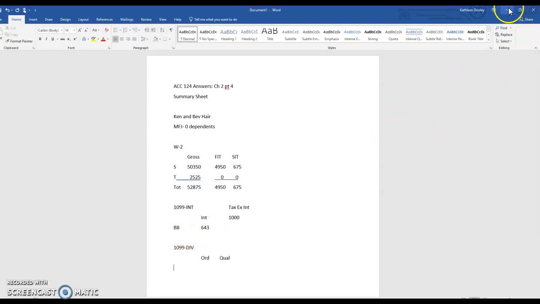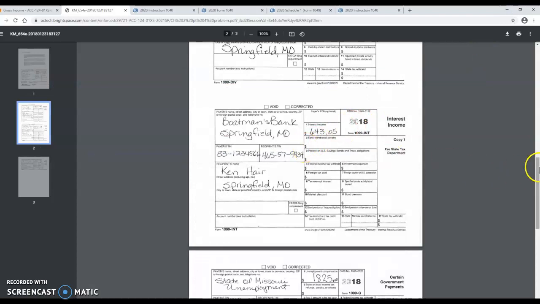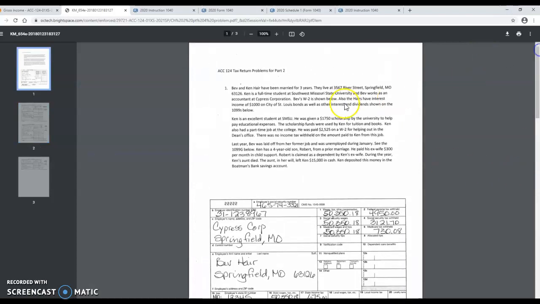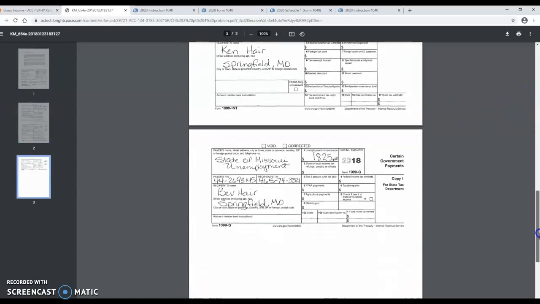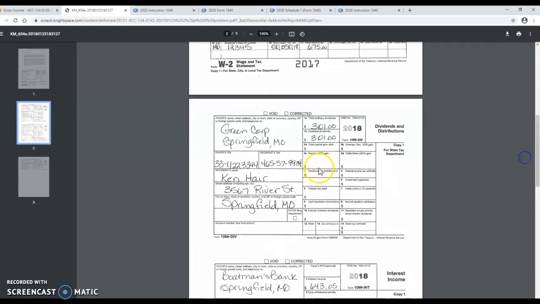So we minimize this, and we find out up here that yes, they received dividends. So we take a look down here. Here's our 1099-DIV, and that is $301, and it's also qualified.